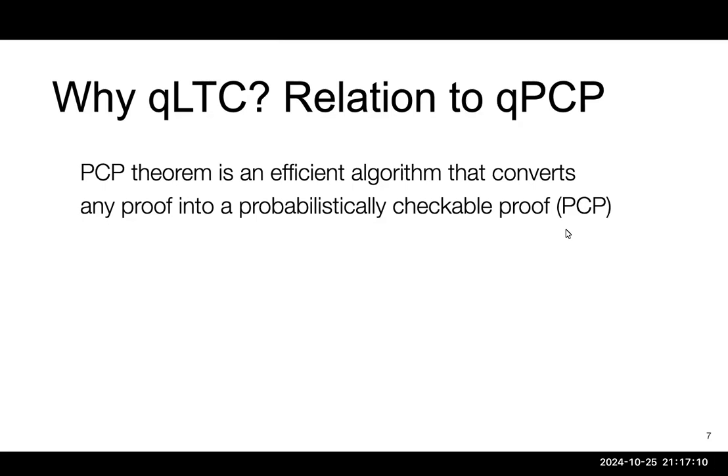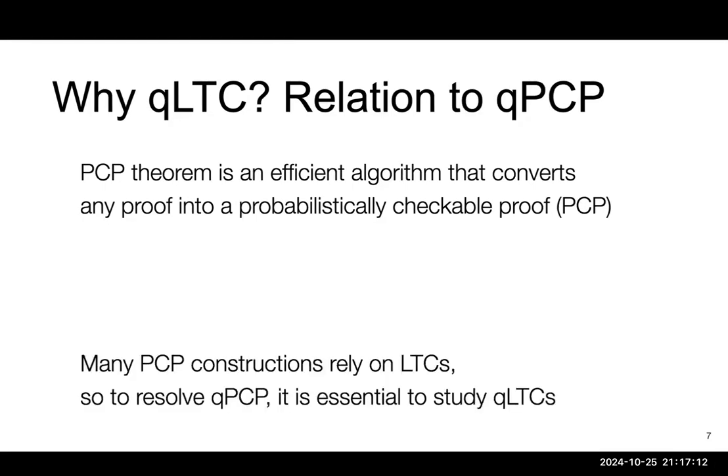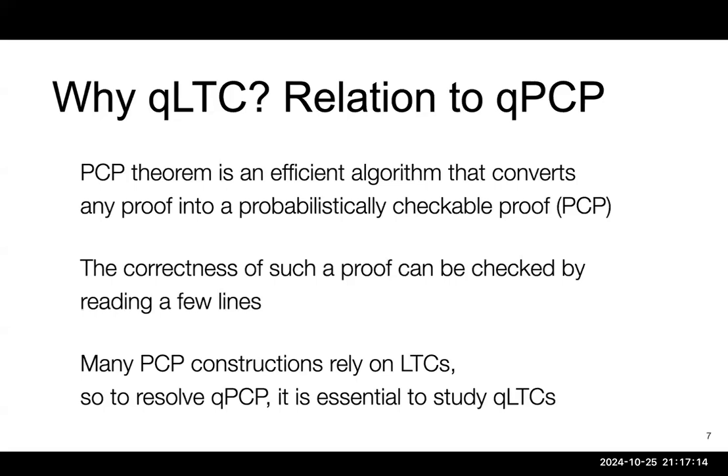When you usually read a proof, you have to check every line of the proof and make sure that they're correct. If there's one line that's wrong, then the whole proof falls apart. In contrast, for a probabilistically checkable proof, all you need to do is check, let's say, 10 lines somewhat randomly. Then if they're all correct, you have like 90% confidence that the whole proof is correct.